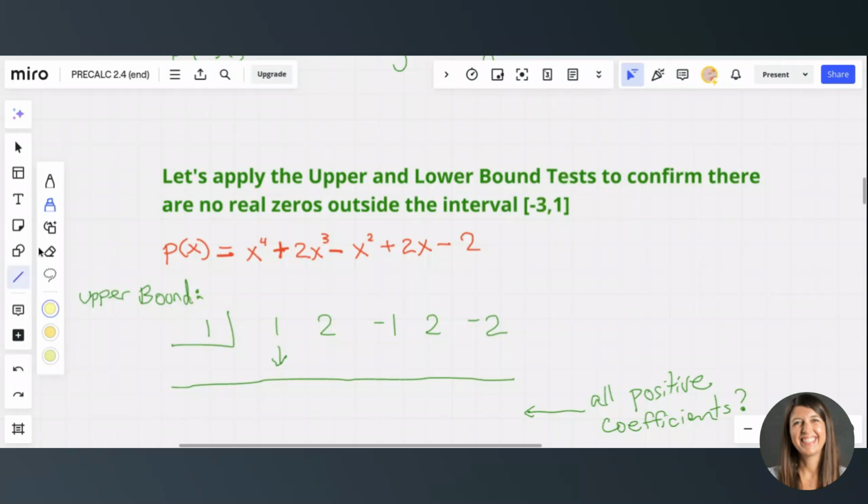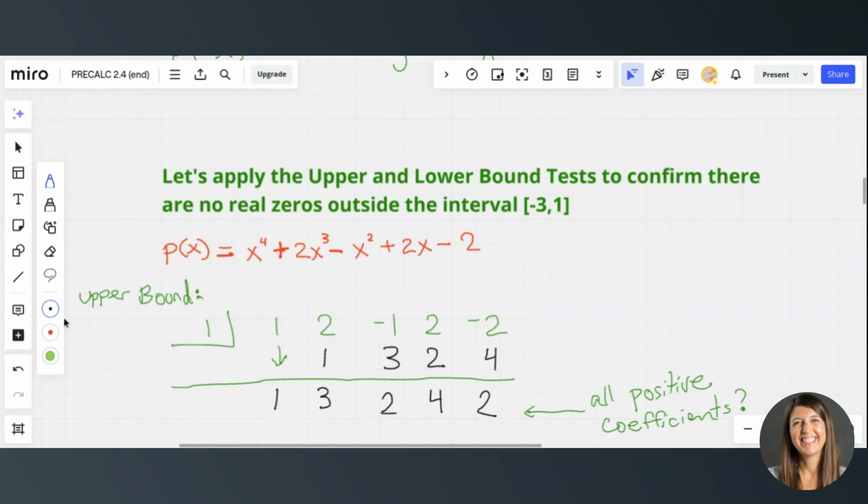And I'm going to do my synthetic division. So I'll bring down my 1. 1 times 1 is 1. 2 plus 1 is 3. 3 times 1 is 3. -1 plus 3 is 2. 2 times 1 is 2. 2 plus 2 is 4. 4 times 1 is 4. And -2 plus 4 is 2.